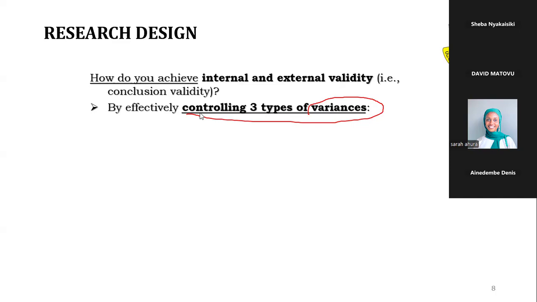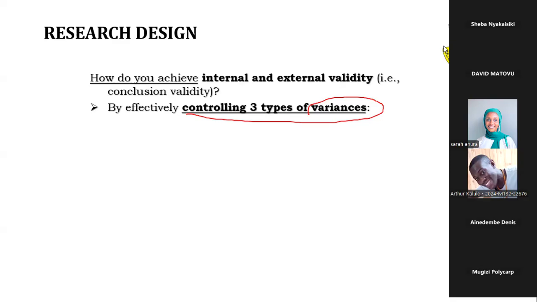Let me again use a whiteboard and demonstrate what variance means, so that as we talk about it, we all have a clear picture of what we are talking about.